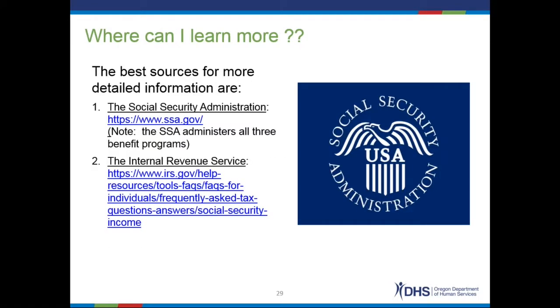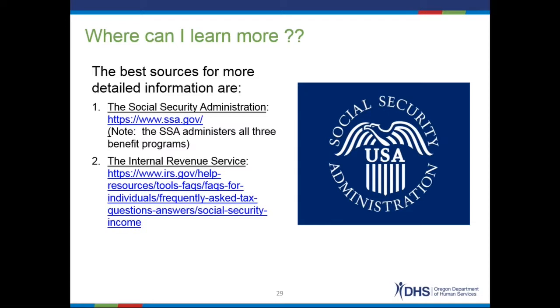Where can I learn more? Because I know you're desperate to get more information about all this. The best source of information, with much more detail than is on these slides, is the Social Security Administration. It's really a pretty good website. You can go to www.ssa.gov, and it's very accessible and user-friendly, I thought.